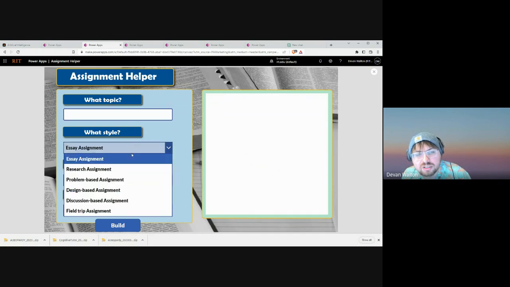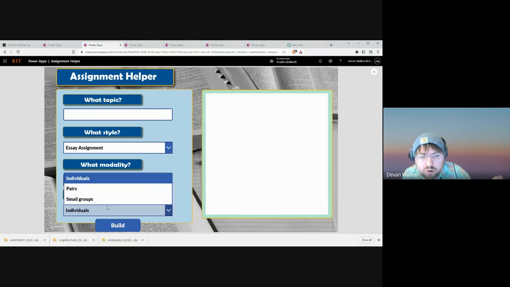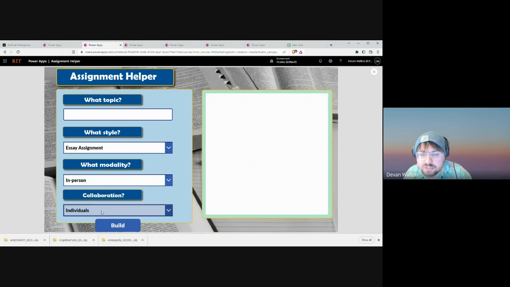We would type in what style of assignment we want it to be. We could do a research assignment, a problem-based assignment, a design-based assignment. And then we would select the modality, either in person or online, and whether individuals, pairs, or small groups. We have a lot of options and flexibility with precisely how we want to design our assignment.